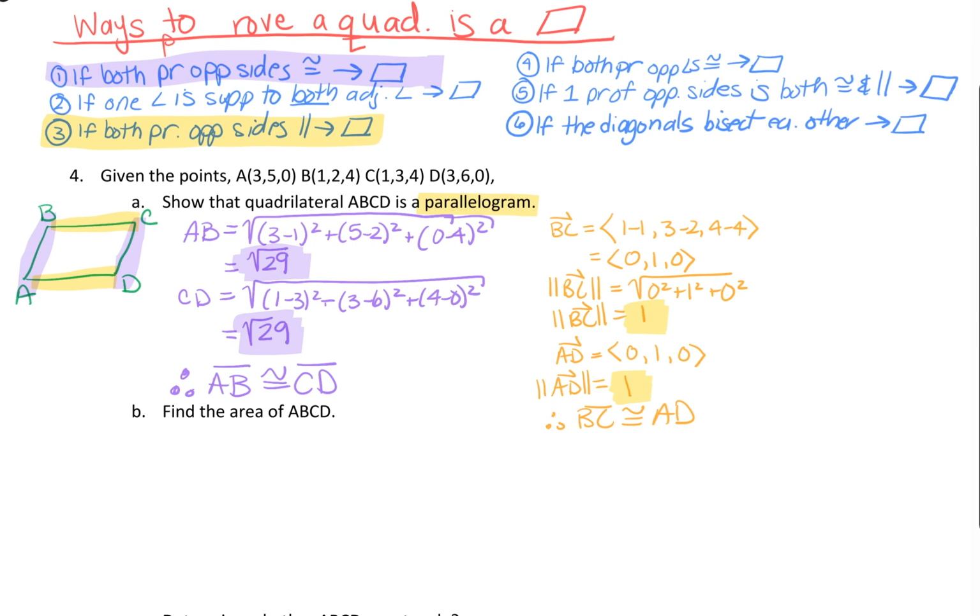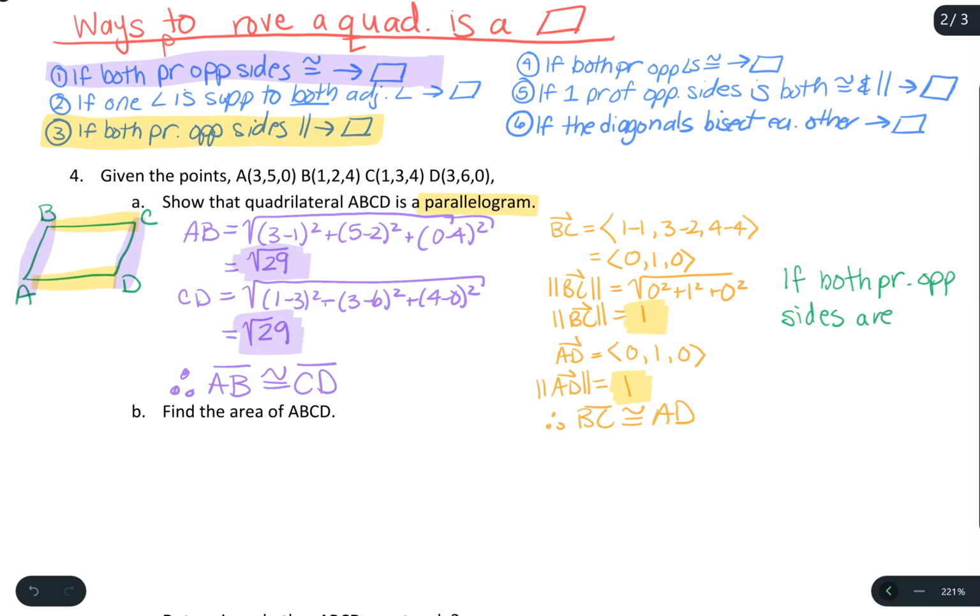Okay? And then the final thing that you need to do is summarize your final answer. So it asks you to show that quadrilateral ABCD is a parallelogram. Okay? So your final statement then is going to be the if-then statement that we talked about earlier. So you're going to say if both pairs of opposite sides are congruent, then parallelogram.